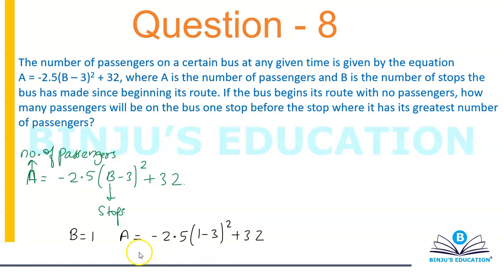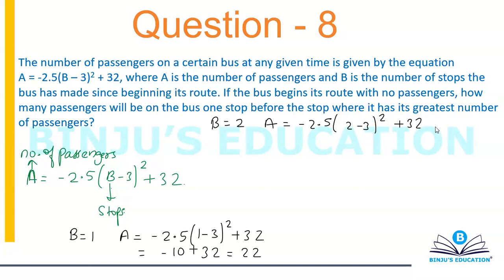So that will basically be minus 10 plus 32, which is going to be 22. If it makes 2 stops, then the number of passengers will be minus 2.5 into (2 minus 3) whole square plus 32, and so on and so forth. You can do the calculations. This is basically what this equation means. Replace B by 1, 2, 3, 4, 5, 6, 7, 8, 9, 10, and you're going to get the number of passengers.